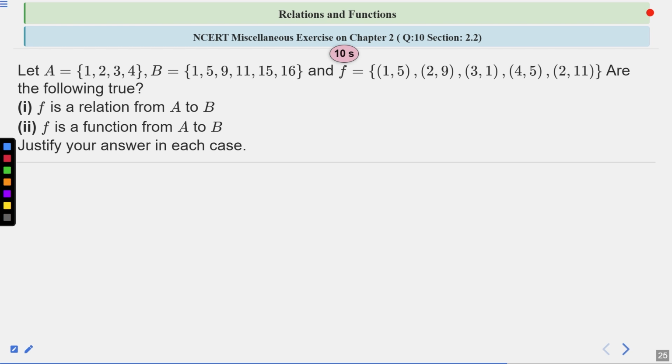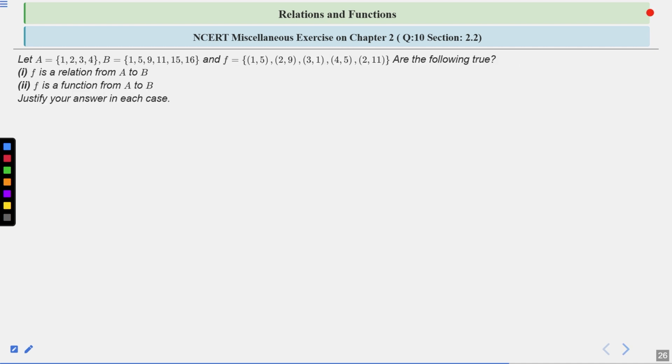You will have some seconds to try this problem, then afterwards we will move on to the solution slide. So your time starts now. The time is up. Quite simple problem.